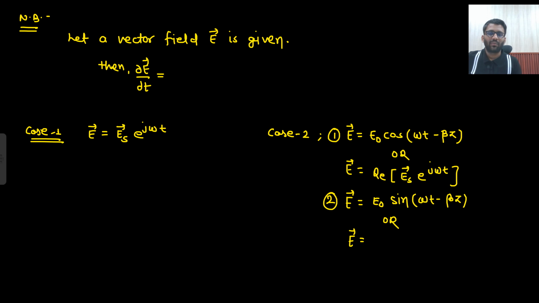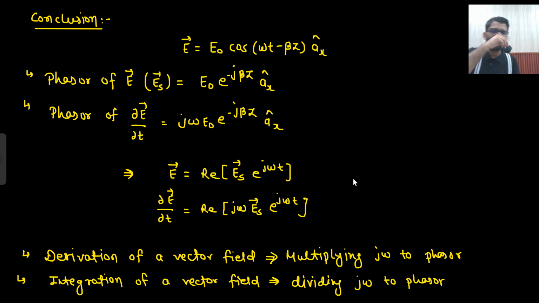Let's write down the summary now. So what is the conclusion? If this is your vector field, then the phasor of E can be written as a function: E can be written as the real part of E naught e to the power j(omega t minus beta z) a_x cap. I will suppress e to the power j omega t and the real part.